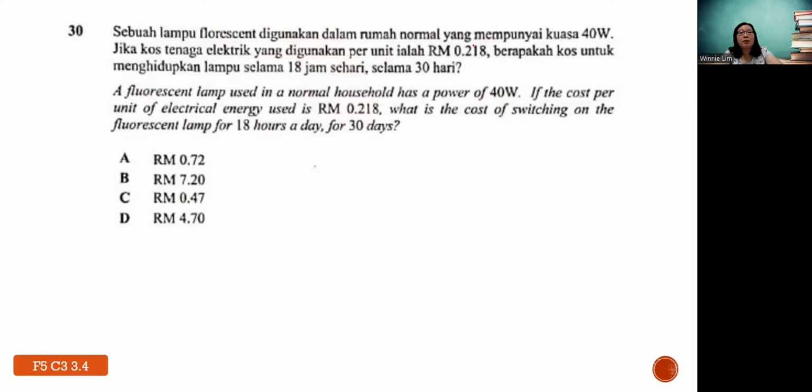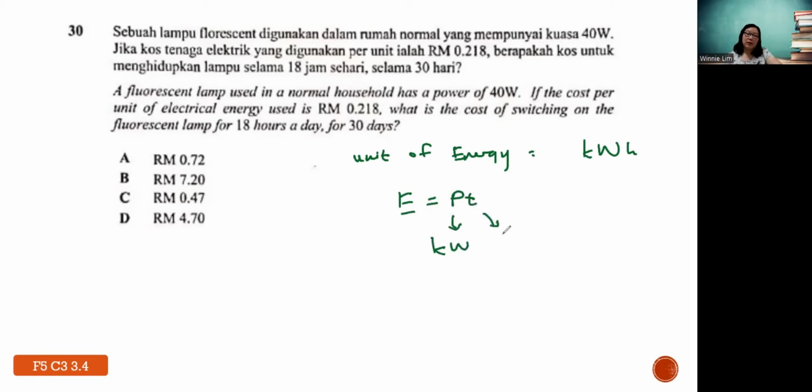Okay, so when you calculate this electric bill, we always change the idea of energy in joule to become unit of energy. So the unit of energy is in the final unit of kilowatt hour. That means energy consumption is P times t, right? Your power must be in kilowatt, your time must be in hour. So 40 watt, you make it into 0.04 kilowatt, divide by 1000.